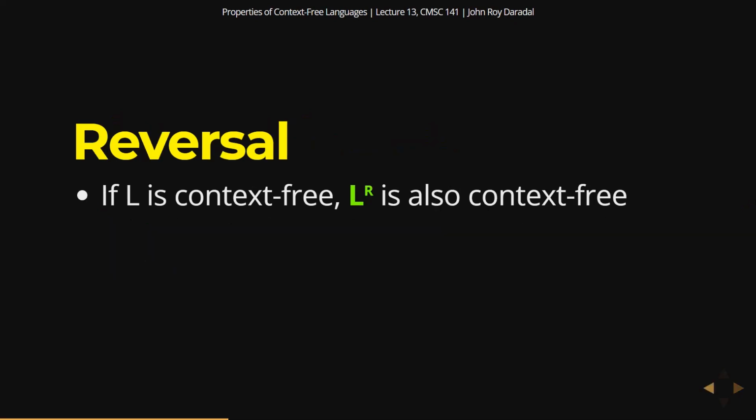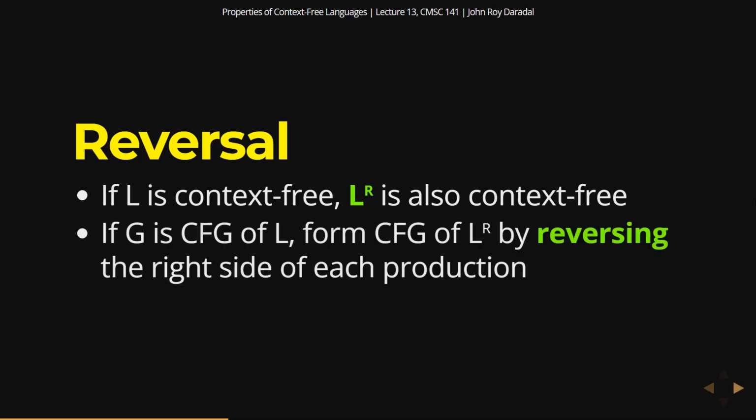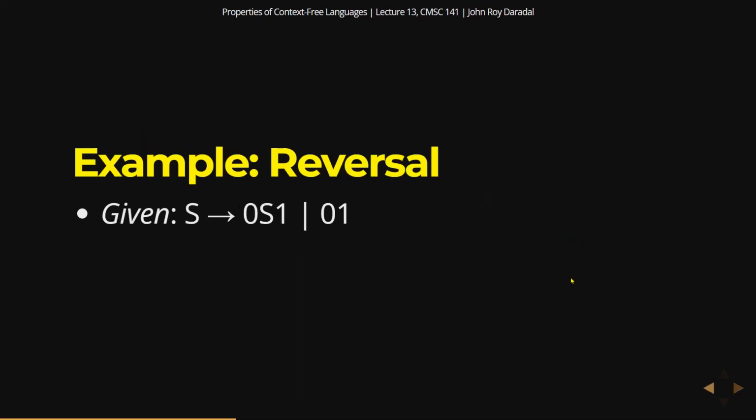For reversal, same thing. If L is context-free, the reversal of L is also context-free. We will still use the CFG of the language. If G is the context-free grammar of L, we will form the context-free grammar of the reversal by reversing the right side of each production. What do I mean by this?